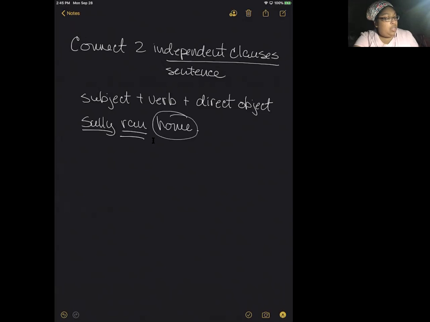Home. If you said something like Sally ran, this is also a full sentence, because it has a subject and a verb. Subject verb agreement coming at you yet again. That's why we started with subject verb agreement. So you really want to know if it's a full sentence. So number one, to use a semicolon, you have to connect two independent clauses or full sentences.